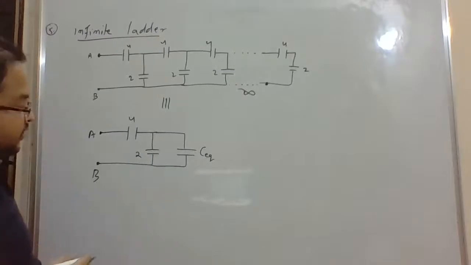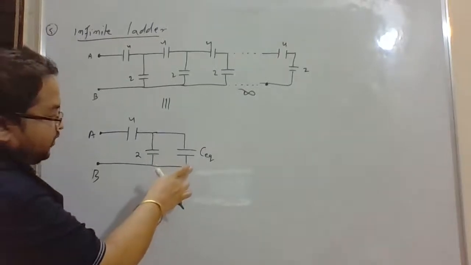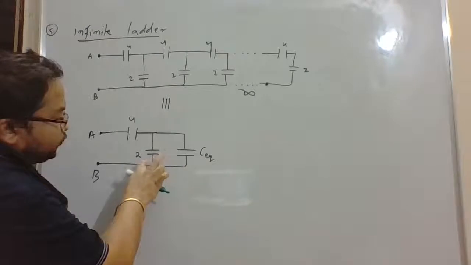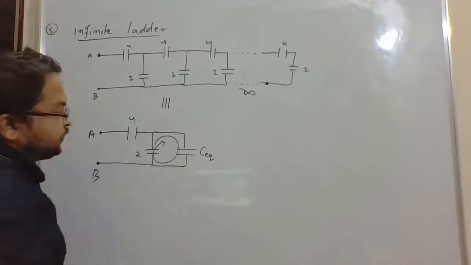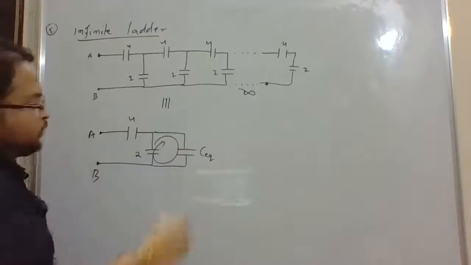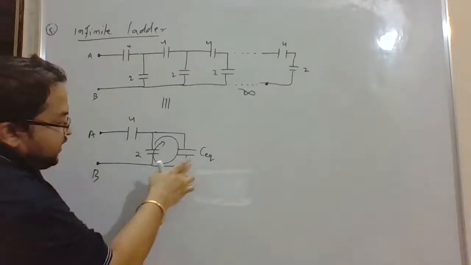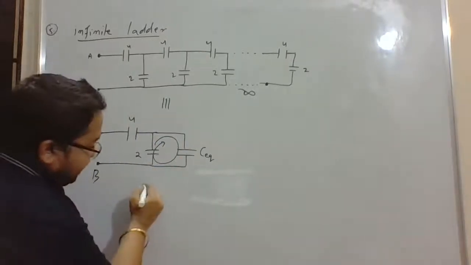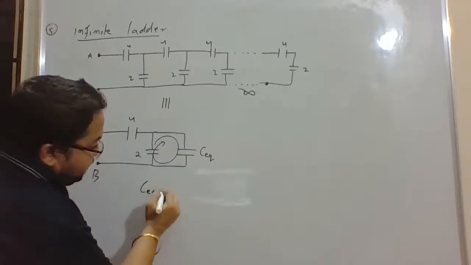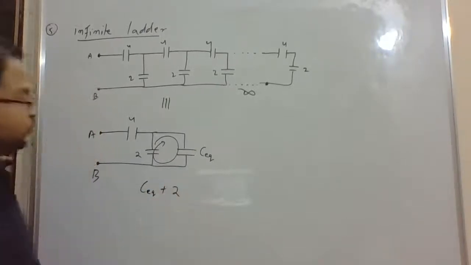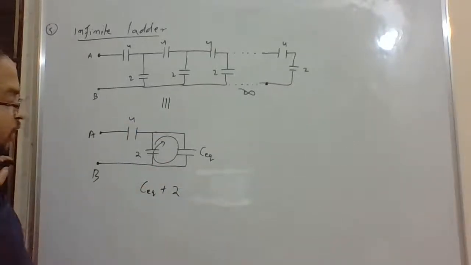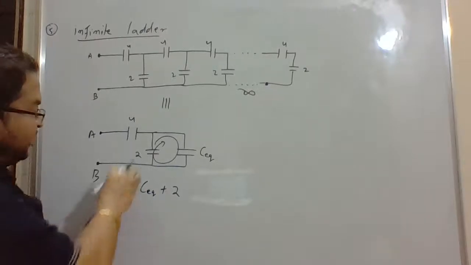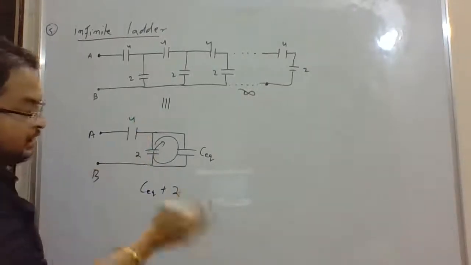If you see here, obviously your C equivalent and 2 are in parallel, because by taking only these two, you can complete one loop. So the equivalent capacitance of these two together would be C equivalent plus 2, right? We know the simple rule for parallel. Similarly, this one and 4 are in series.